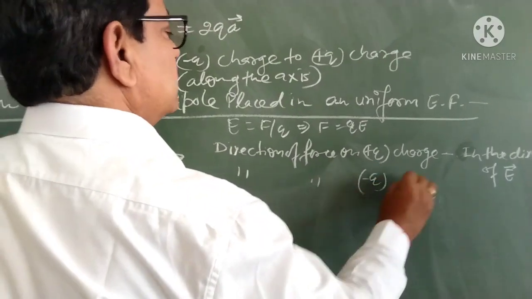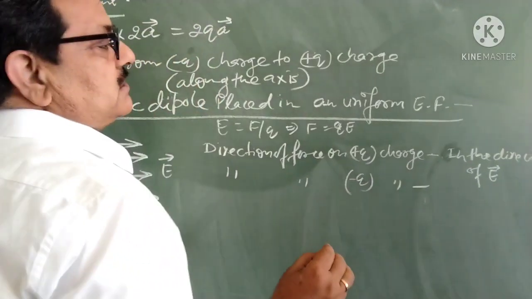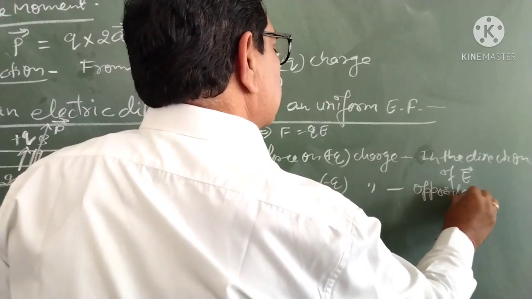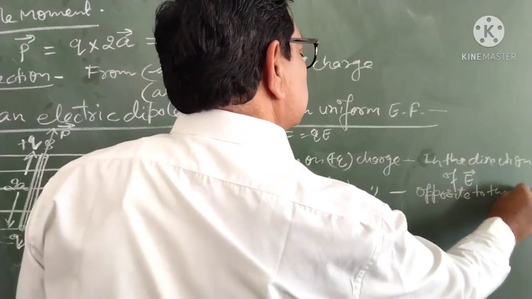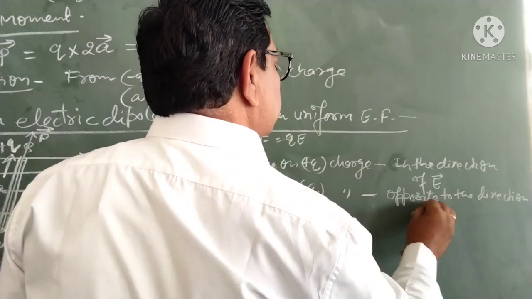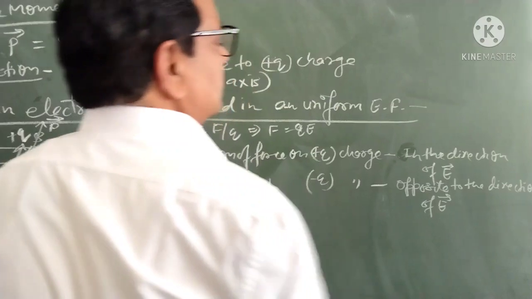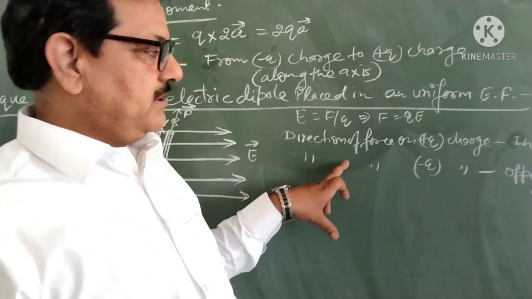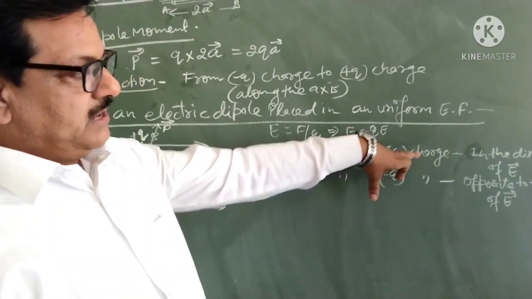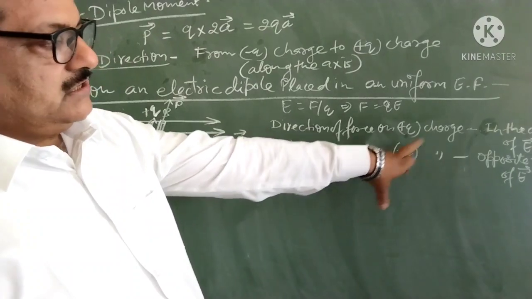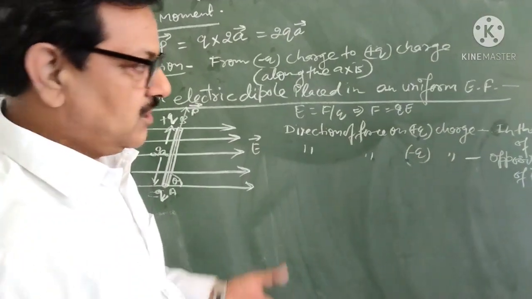Now direction of force on minus q charge, it is just opposite to the direction of E, vector E. तो ये फोर्स प्लस q पर फील्ड के डायरेक्शन में, और माइनस q पर फील्ड के अपोजिट डायरेक्शन में.